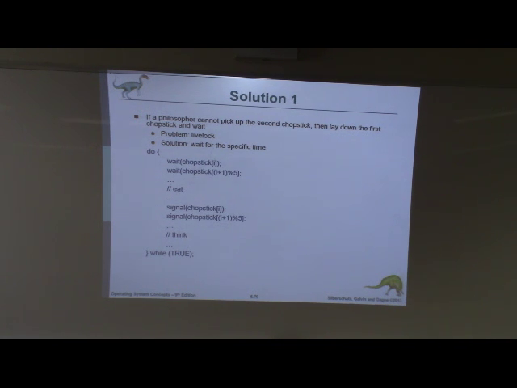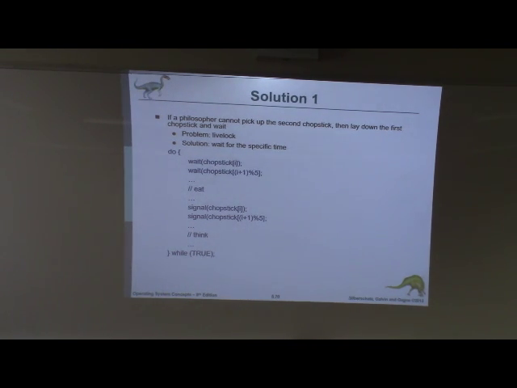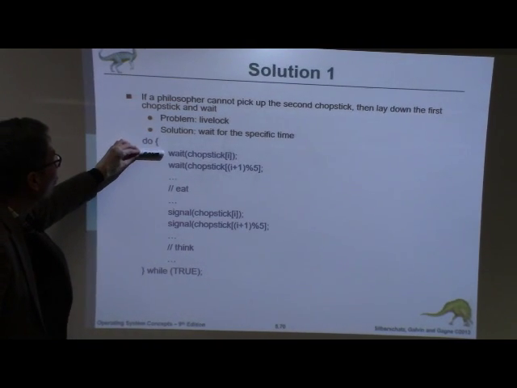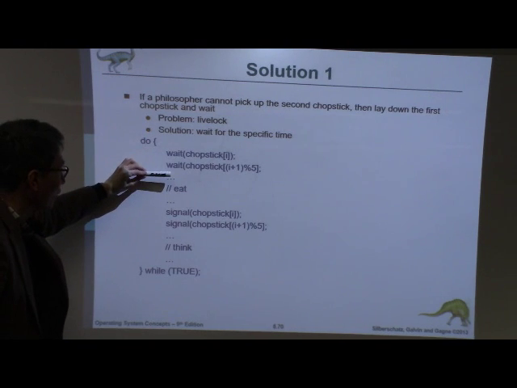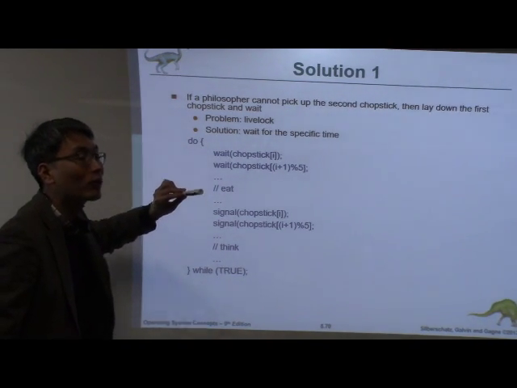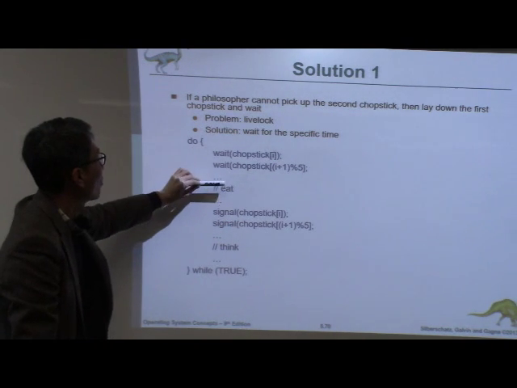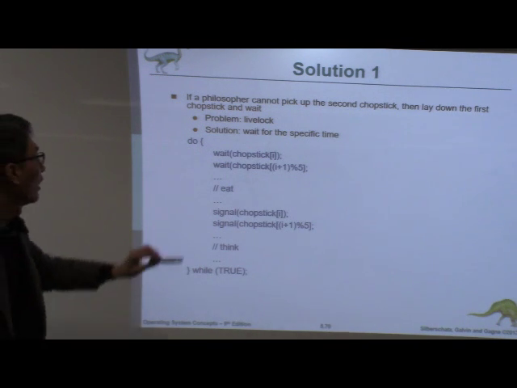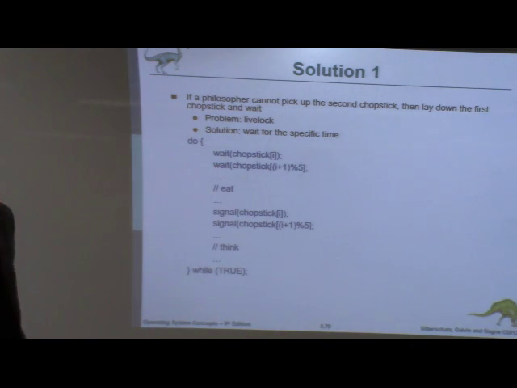Okay. There are several solutions. This is the first solution. This is the critical section. This is the entry section. This is the exit section. To enter the critical section, which means to eat or to use the resource, we need to get my own chopstick. So wait, lock the right hand side.